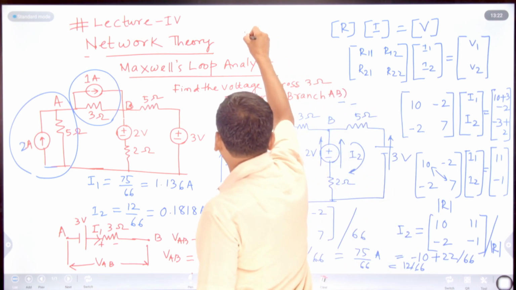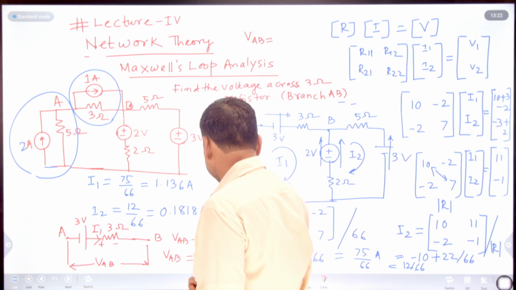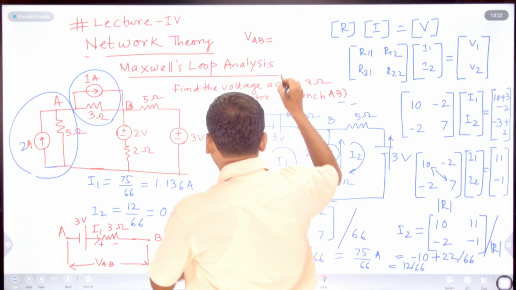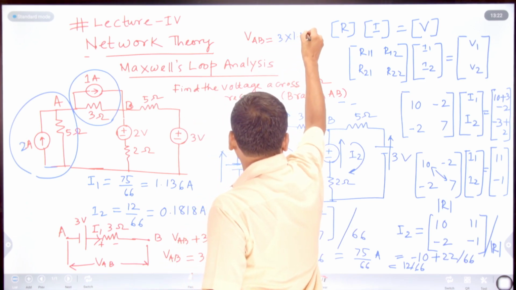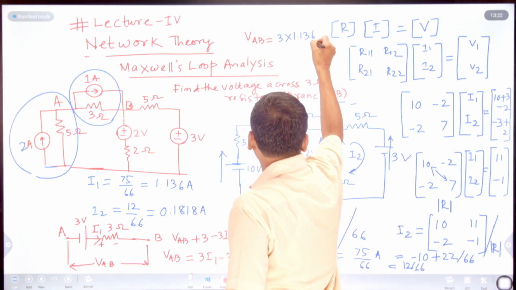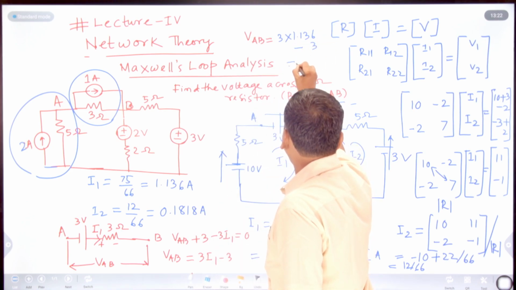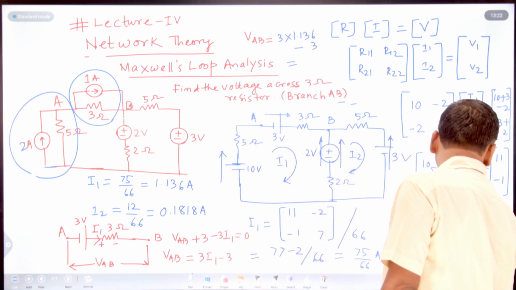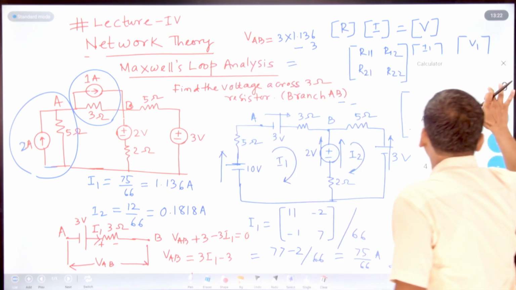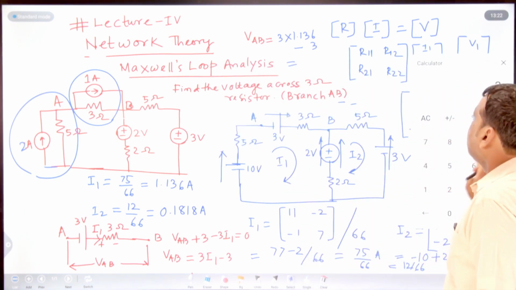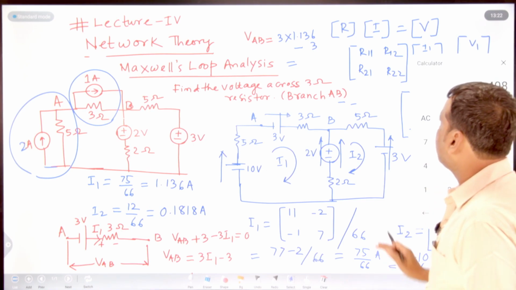So the voltage across AB equals 3 into I1, that is 3 into 1.136 ampere minus 3. Using the calculator, 3 into 1.136 is 3.408.